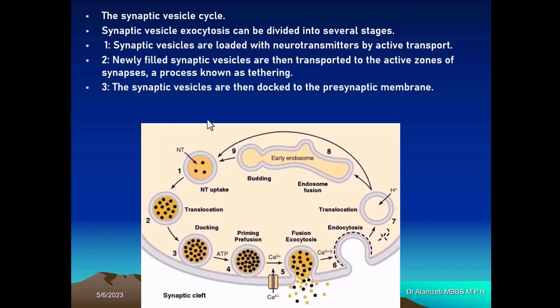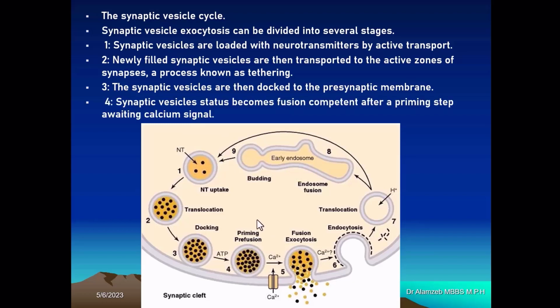The synaptic vesicles are then docked to the presynaptic membrane. They are then placed or docked or loaded on the synaptic membrane. Synaptic vesicles become fusion competent after a priming step, awaiting the calcium signal. These vesicles and also the acetylcholine are sensitive to the presence of calcium.